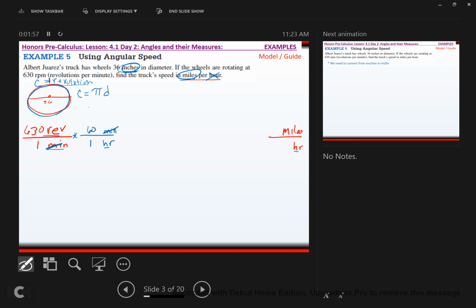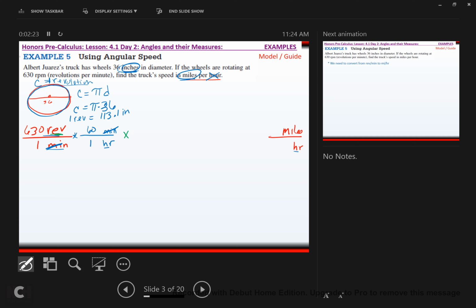But it's okay, I can get from inches to miles. So my circumference will be pi times 36. So 1 revolution is worth pi times 36, and I get 113.1 inches.